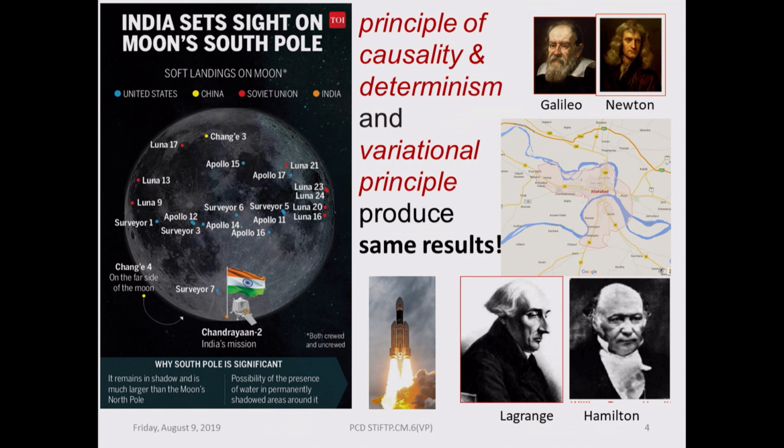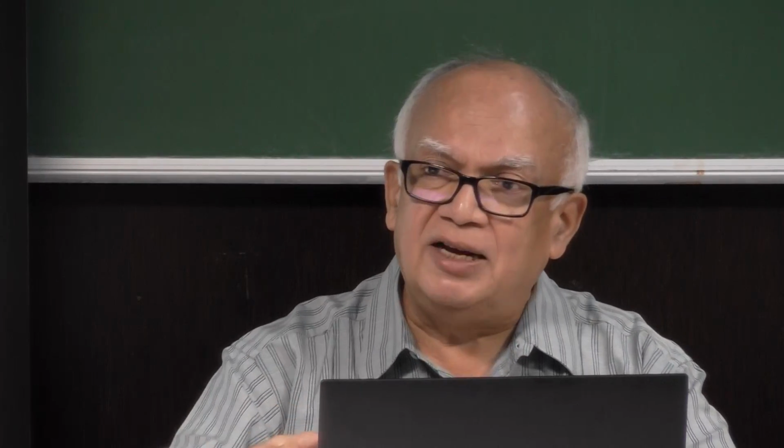What the variational principle does is to account for everything that happens around you, all the mechanics, all the dynamics: when an object falls, or when you throw something, it takes a particular trajectory. The moon goes around the earth, the earth goes around the sun, right?